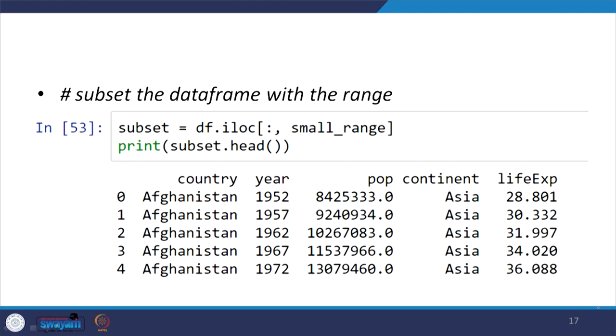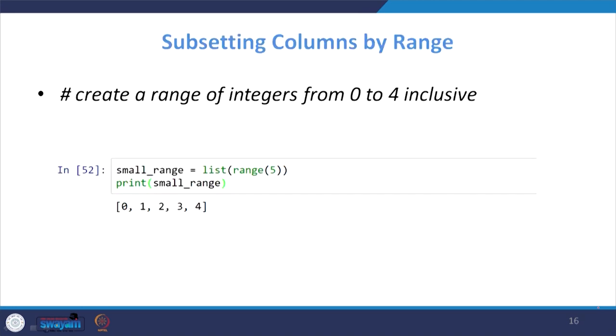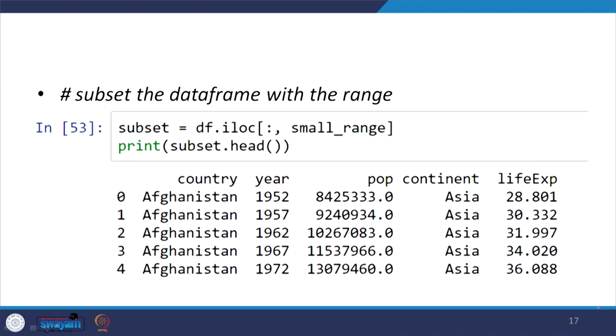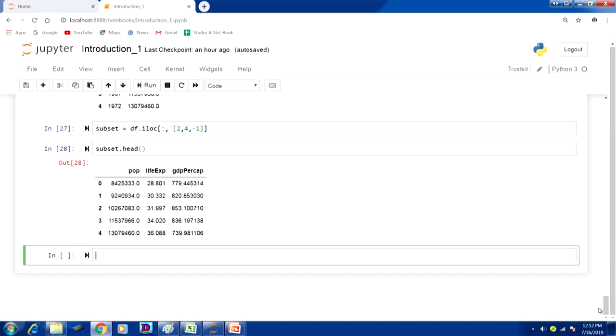So if I type subset equals df.iloc colon, comma, small_range, I can get the first column, second column, third column, fourth column and fifth column. So we will try this. small_range is an object, we are going to create a range.